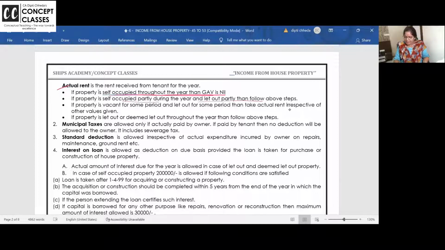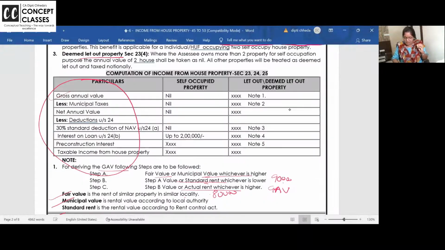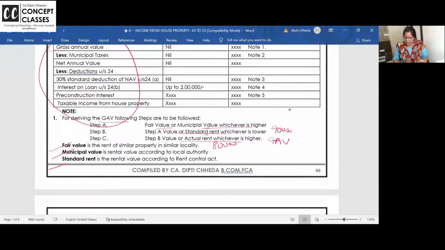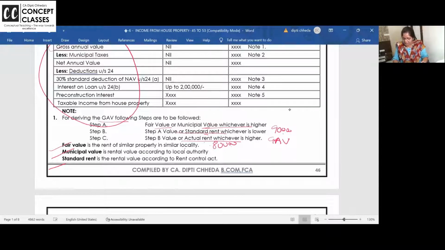Self-occupied partly and let out partly, follow the steps. If it is vacant for some period and then let out, then take actual rent irrespective of other values. Now, this is important. Look here. Sometimes fair rent or municipal value, whichever is high, that or standard rent, whichever is low, that or actual rent, whichever is high.